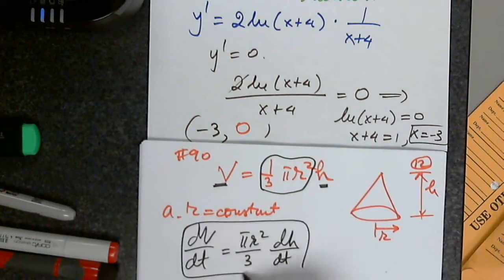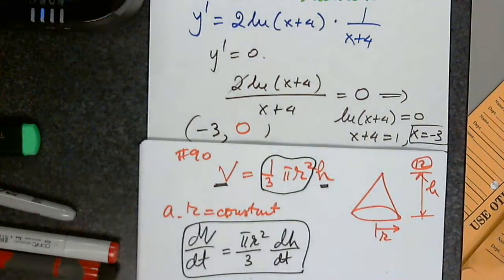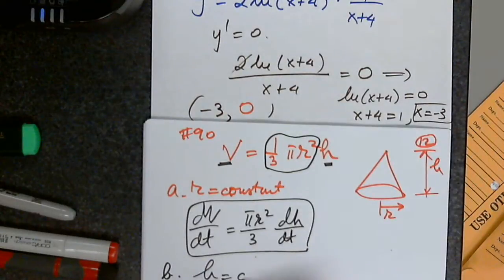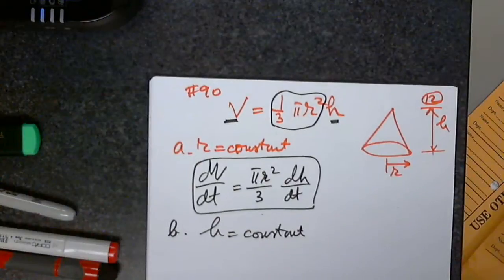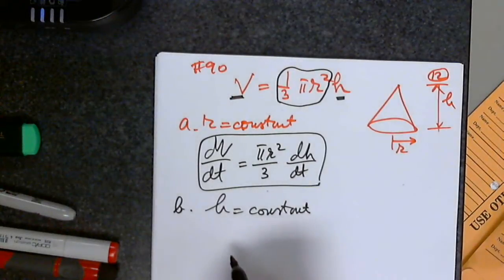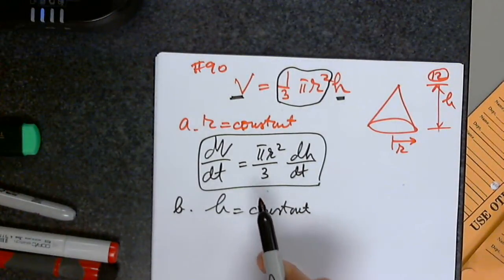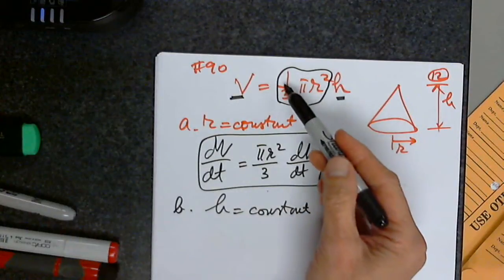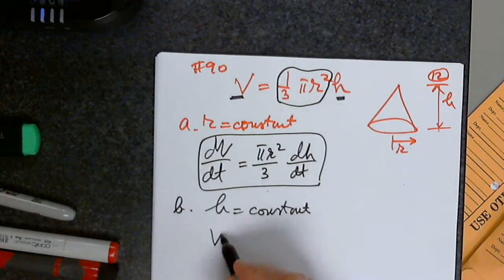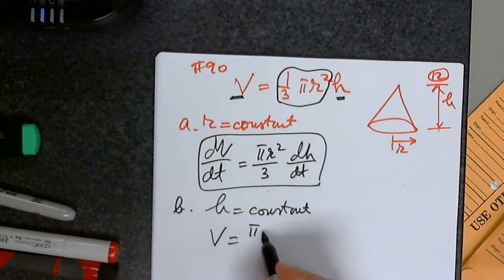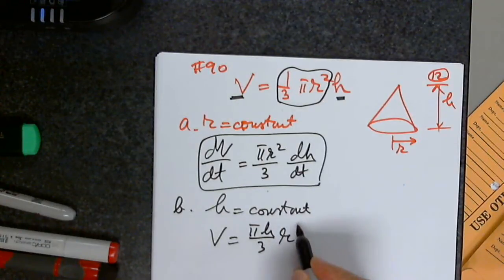This is it. In part B, we are asked to find the rate of change of the volume with respect to the radius if the height is constant. So now pi h over 3 is a constant, so I have pi h over 3 times r squared.